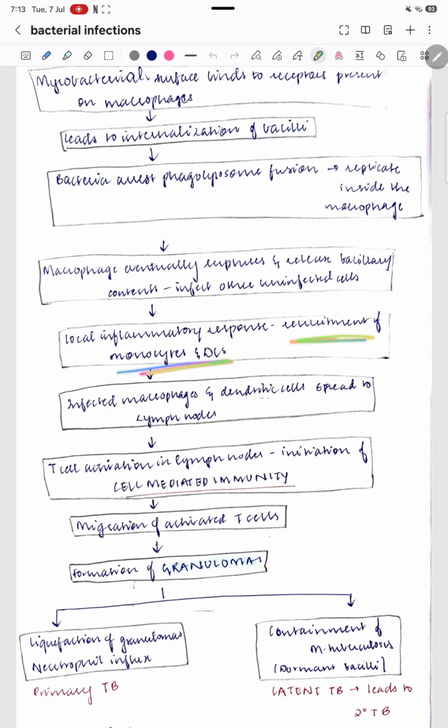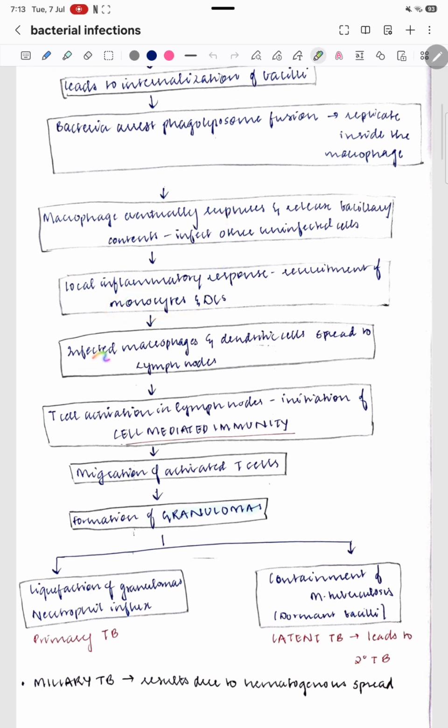After that, the infected macrophages and dendritic cells spread to the regional lymph nodes. In the lymph nodes, the T cells activate and initiate cell mediated immunity.